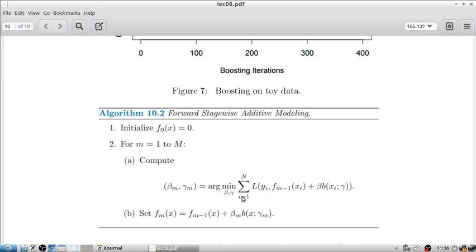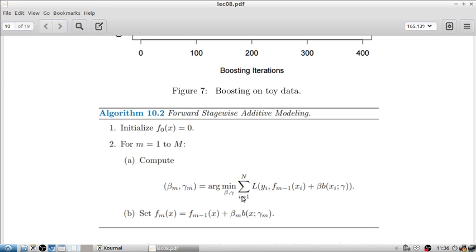Then I add one more function, with the previous function now frozen, so that plus this function is better able to predict y. Then I add a second function, keep these two frozen, and try to get a third function whose total sum is now going to predict y really well. That's what forward stage-wise additive modeling is doing.